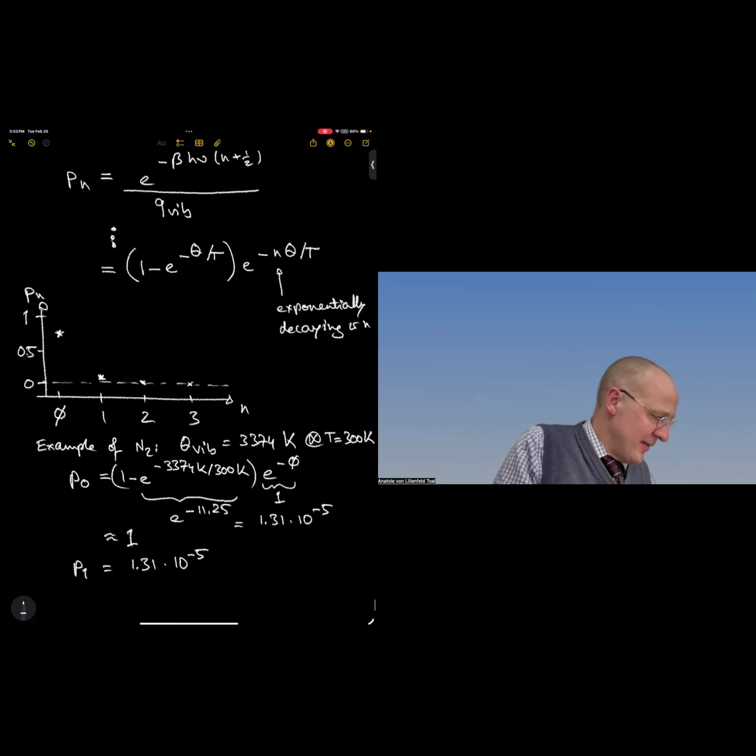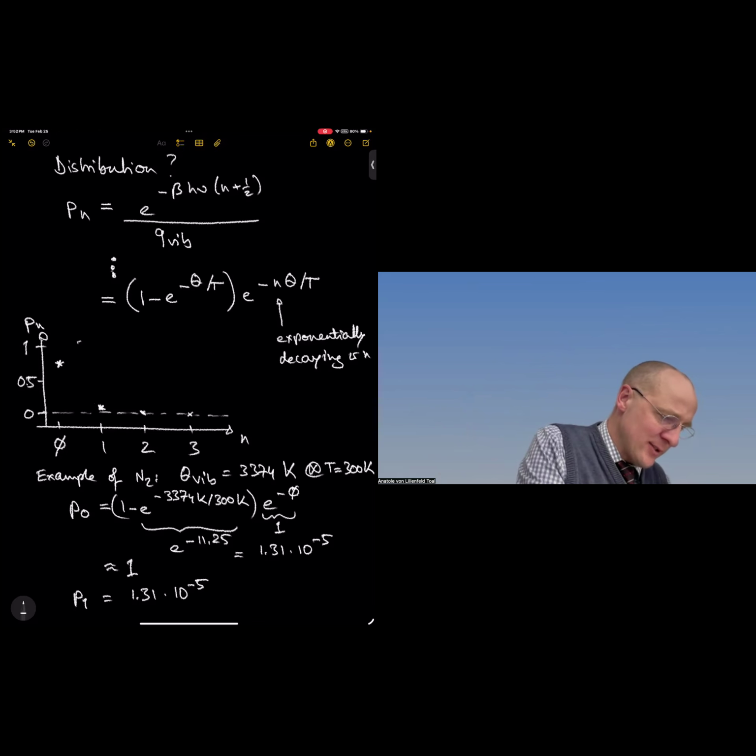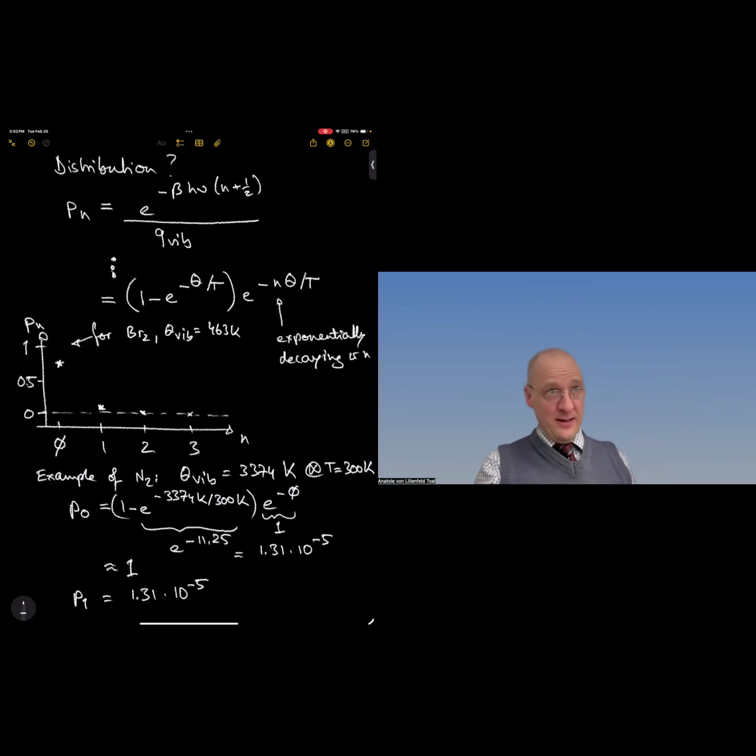Now, for this example here, actually, this was the bromine case. For bromine, your theta vib was 463 Kelvin, and those are the probabilities you would get.